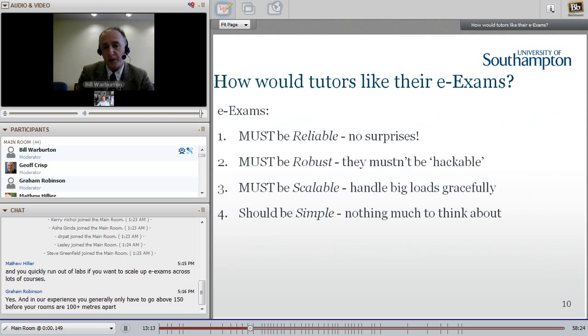They must be scalable, particularly these days, certainly in the United Kingdom, where cohorts are growing incrementally and substantially year over year. Successful courses are generated, and they're the ones that tend to survive. And things have to be simple. We don't want to give people much to think about, not the students, not the tutors, and not the registry.